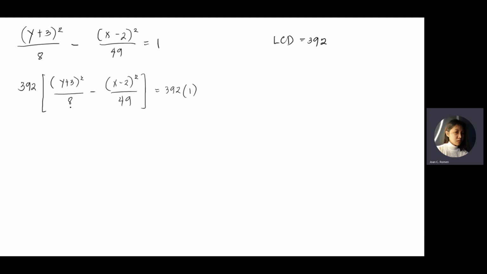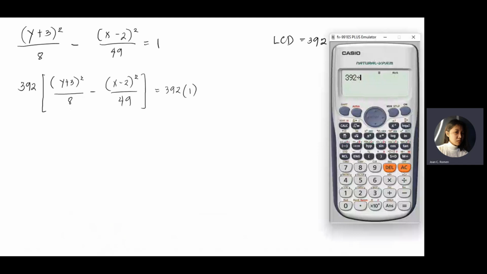So 392 divided by 8. Okay, again, 392 divided by 8 is equal to 49.